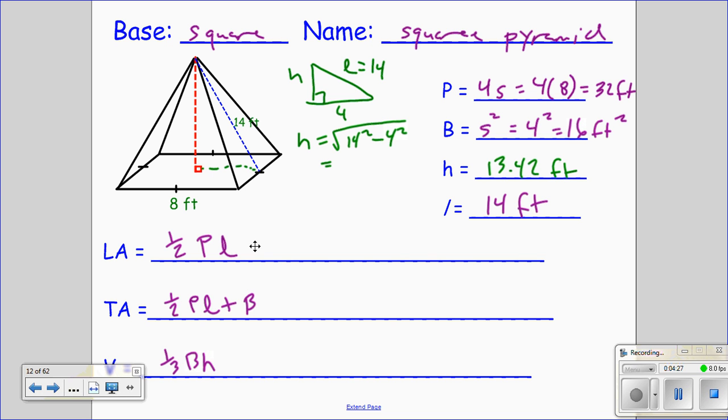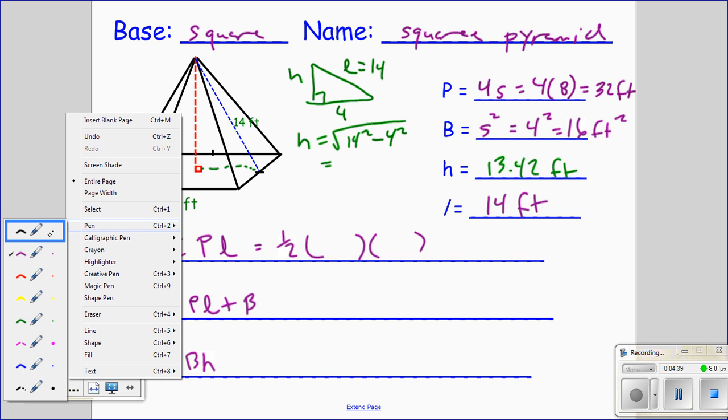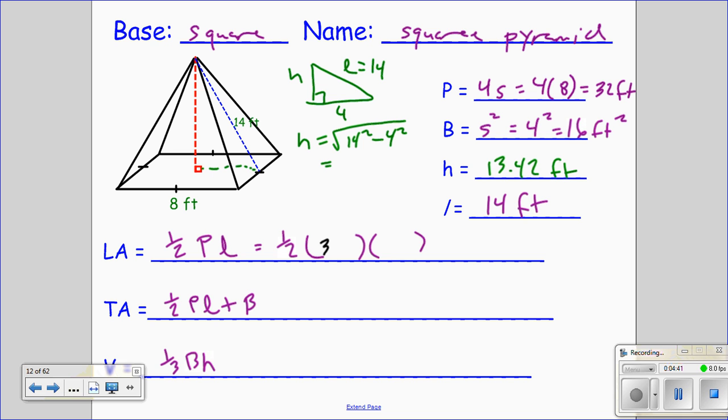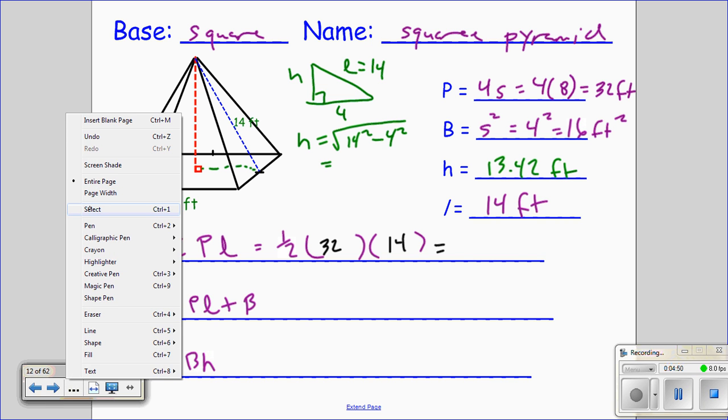All right, for lateral, it's 1/2 perimeter times slant height. So the perimeter we found earlier to be 32 feet. And the slant height was 14. So grab our calculator.